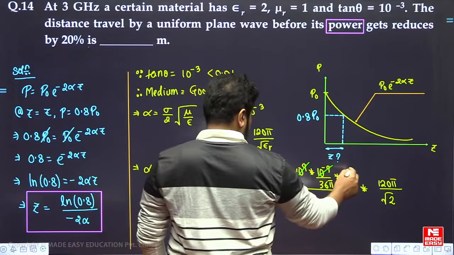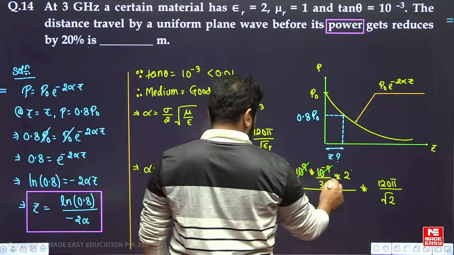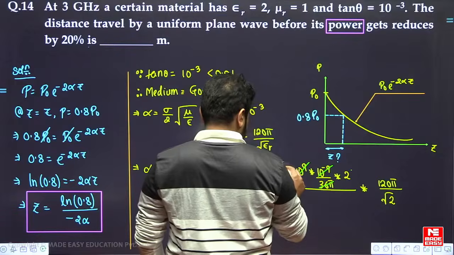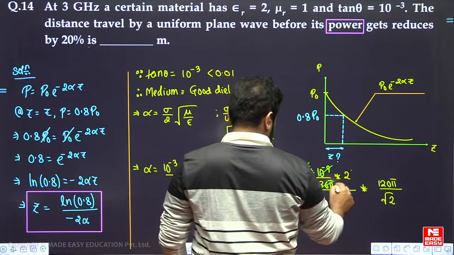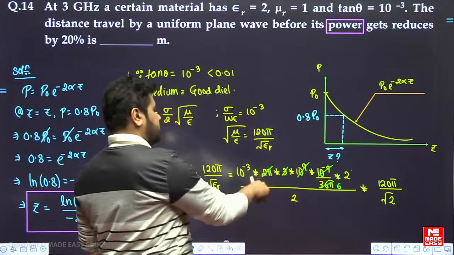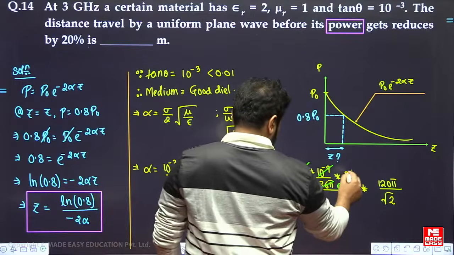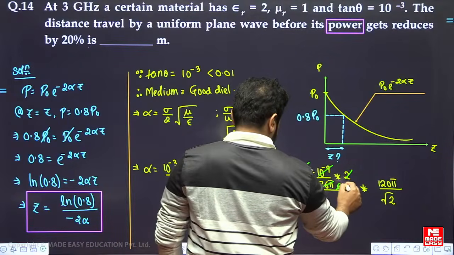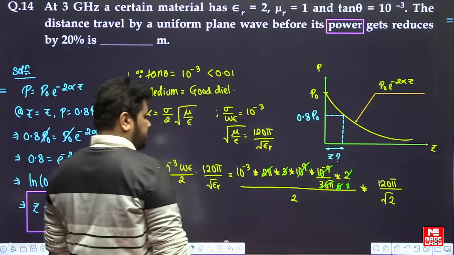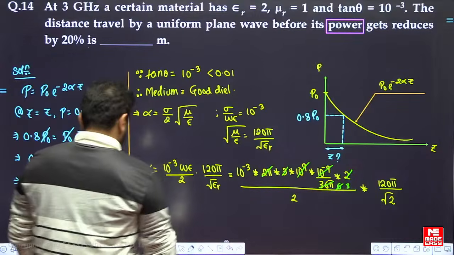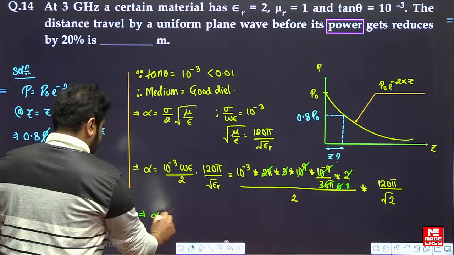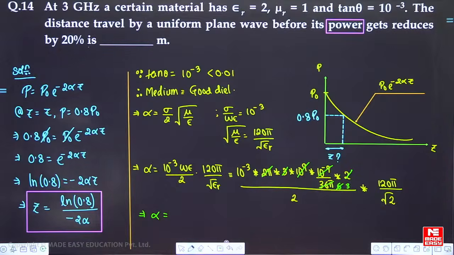So this is your 2 pi, so this is 18 or 6, so this is 6 pi, so pi 6 6 are 36. 2 3s are 6, so many cancellations, no problem. So let us calculate the value of alpha directly with the help of the calculator.